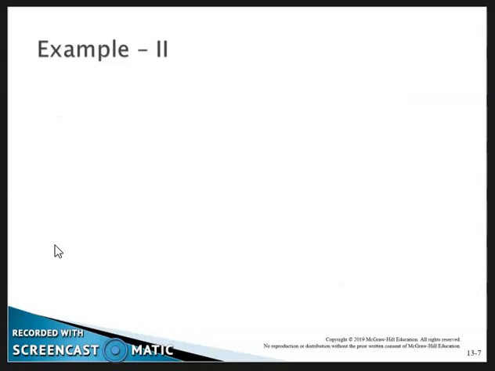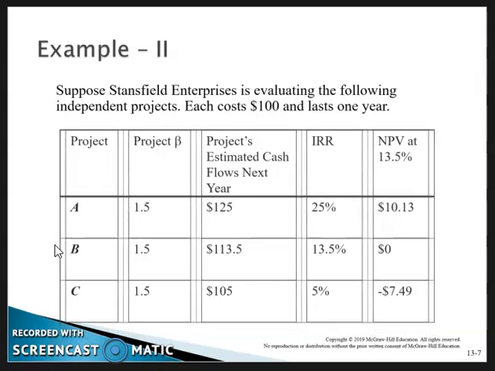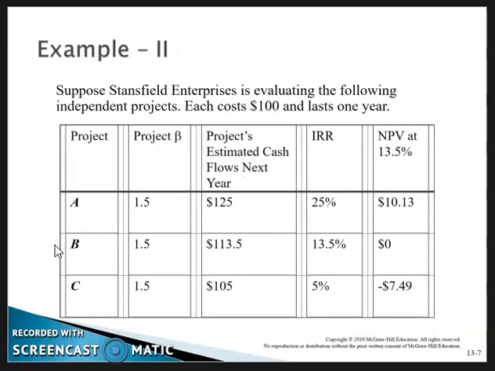Next example. Suppose Stansfield Enterprises is valuing the following independent projects that each cost $100 and last 1 year. Project A has a beta of 1.5, and the estimated cash flow next year is $125.